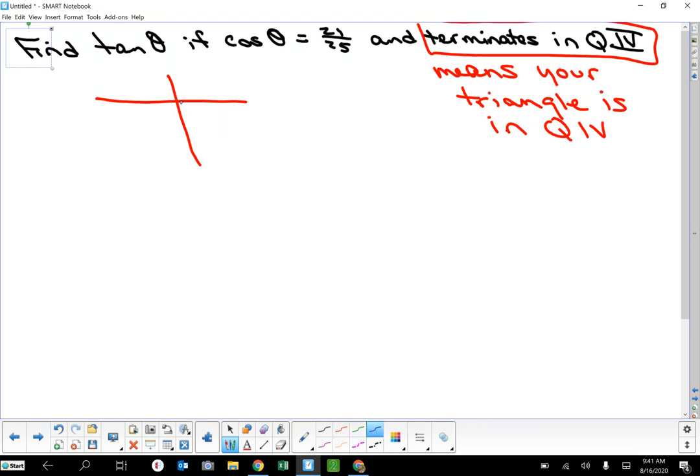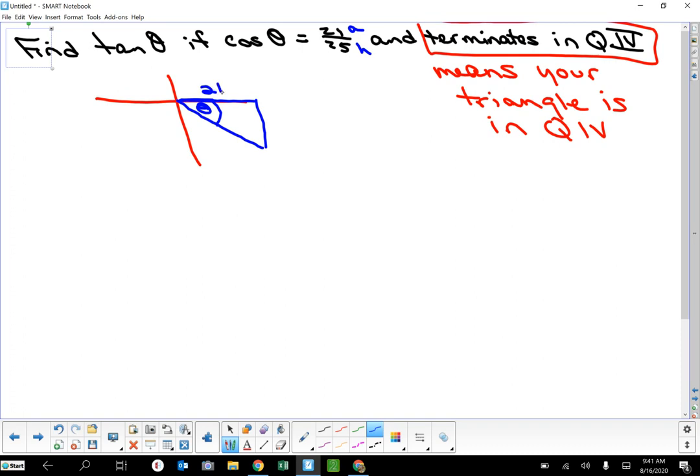And remember, your initial side is always on the x-axis. It terminates in quadrant 4, and you can drop your y side down that way. The angle theta is always by the origin, I guess. And it can't ever be down by the y part. It has to be where your initial side is. So theta is going to be in there. Cosine is adjacent over hypotenuse.